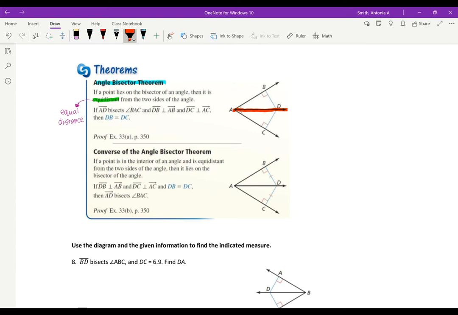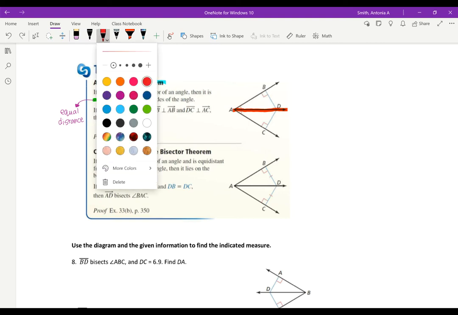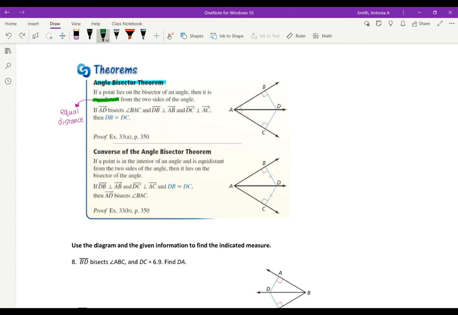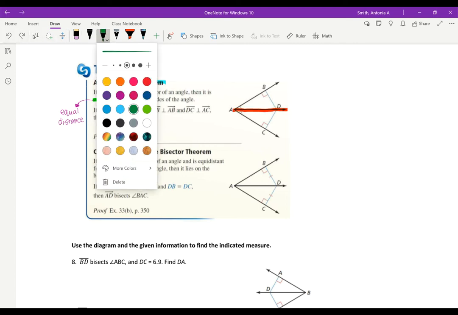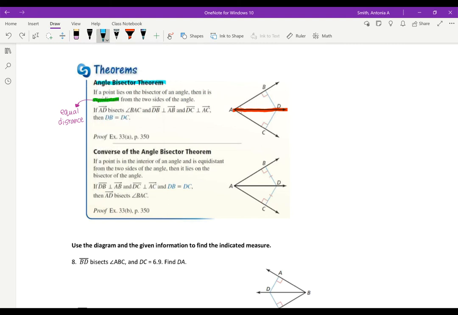And remember, angle bisectors cut angles into equal halves, right? So this right here, I don't want that to be red. I'm messing up my color scheme. Oh, no, redo that. I know this doesn't matter to you guys, but it does to me.